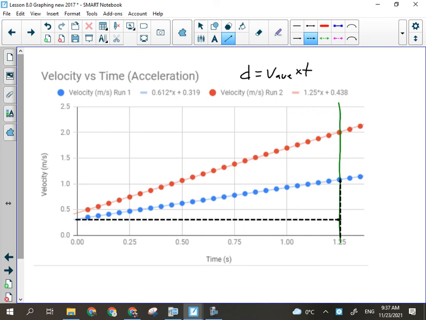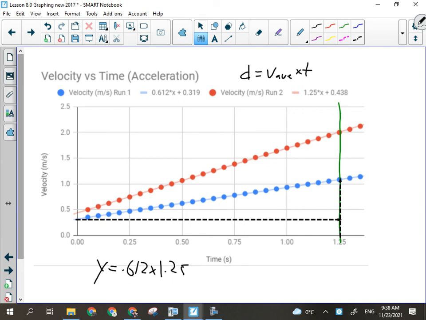If I'm going to calculate how tall this triangle is, I need to know where the line is at this point in time. So that means, what is y, when x is 1.25 seconds, with slope 0.612? I'm not going to add on the y-intercept, I'm not going to add on 0.319.